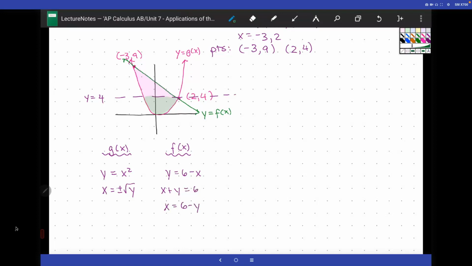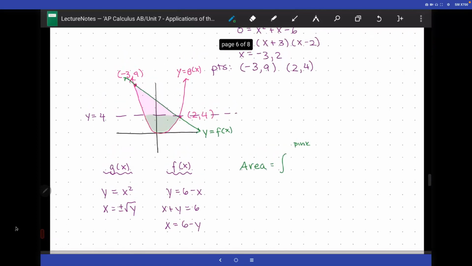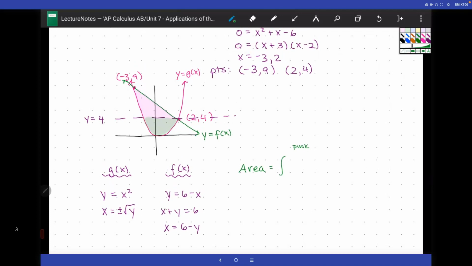So now, the area. So first let's do the pink area. The area is shaded in pink above. So that's the green minus the pink curve, or f minus g when you look at right minus left.